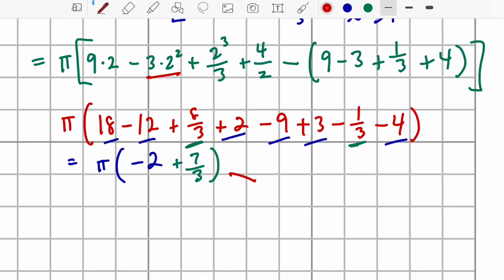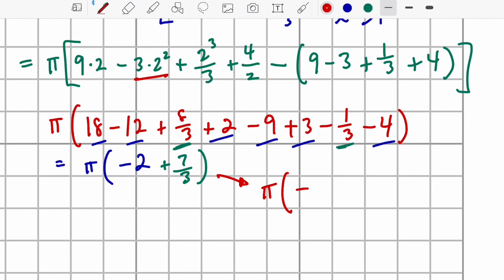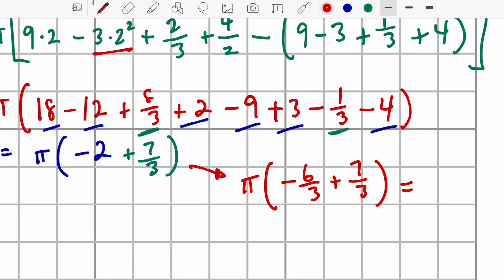Now what I want to do is rewrite the negative 2 as negative 6 over 3, because that gives me negative 6 over 3 plus 7 over 3. And if I combine them, that gives me 1 over 3 times pi, which is just pi over 3 cubic units.